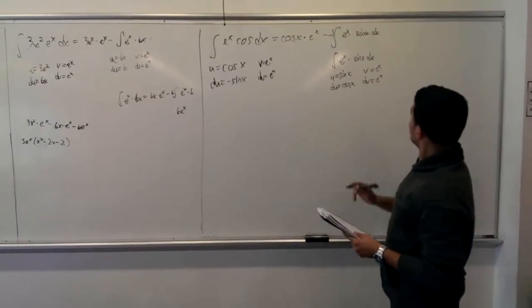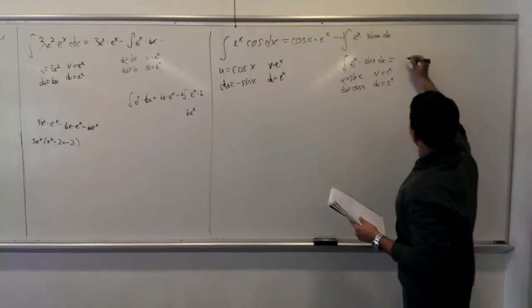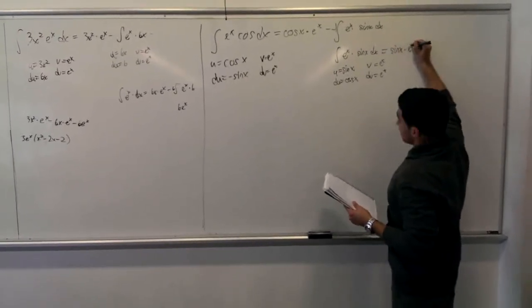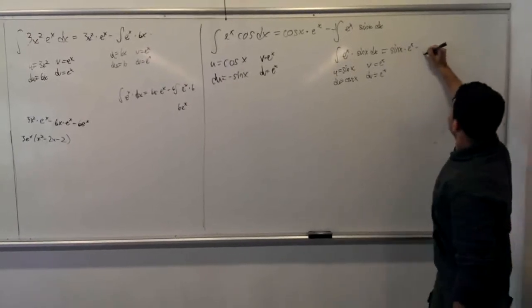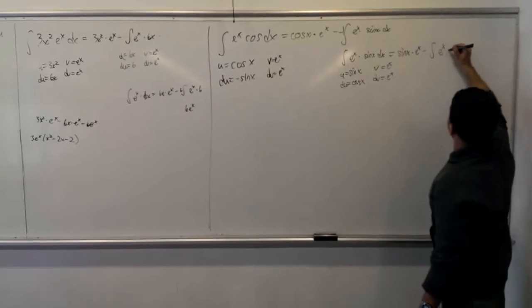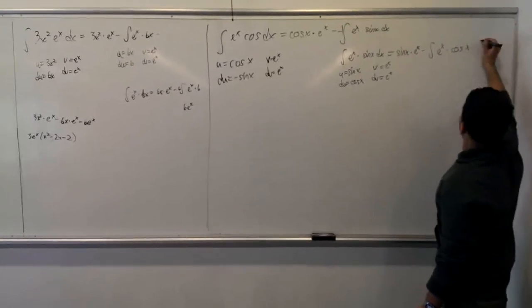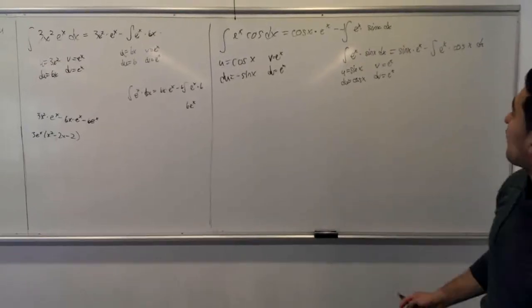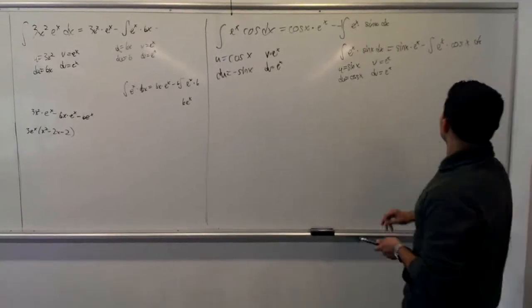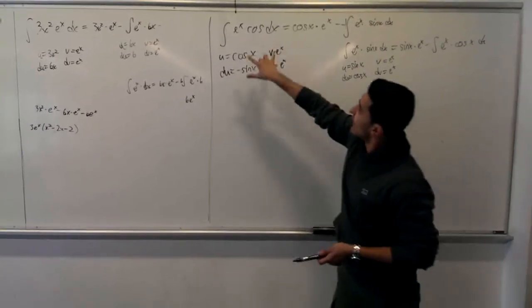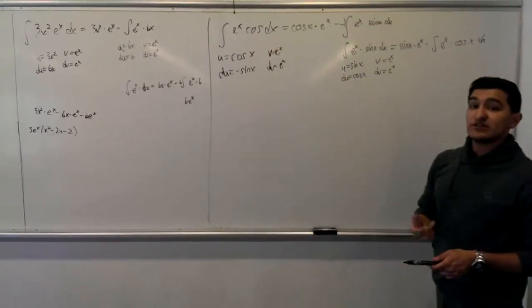Okay, so put it in the formula, you get sine of x times e to the x minus the integral of e^x times cosine of x. Now just pause for a moment and look at what we have so far. What we have at the very last is similar to what we have in the beginning. So all we're really doing is going in a loop.